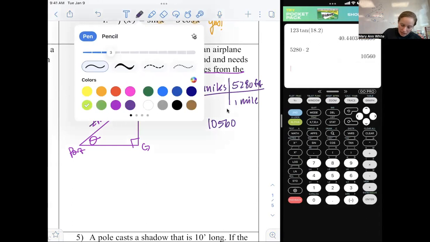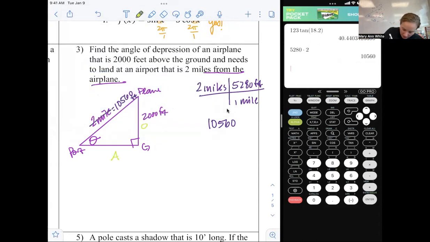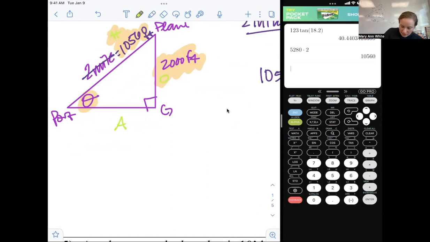All right, then I label opposite, adjacent, hypotenuse. I'm going to find my angle using my opposite and my hypotenuse. So that means I'm going to do sine of theta, or sine of x, I don't care what you call it, equals 2,000 over 10,560.